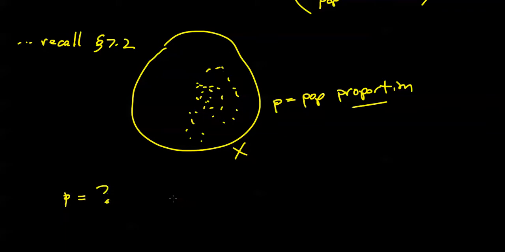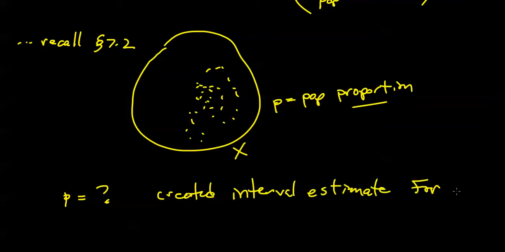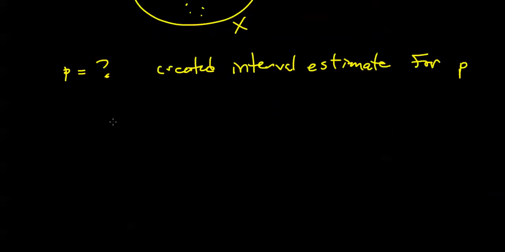So what we did in section 7.2, we created an interval estimate for p, or what we called a confidence interval, in this fashion. Now we did this two ways.